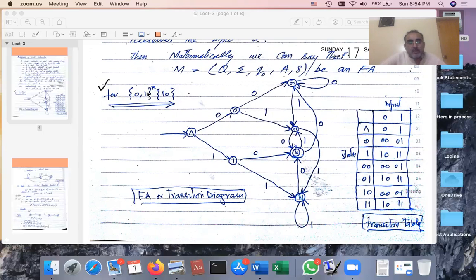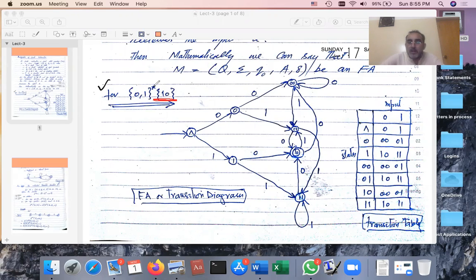This regular expression gives us a clue that we can have any combination of 0 and 1 in the beginning, and then the string will end with the substring 10. So 10 at the end of the string is compulsory, and before it we can have any combination of 0 and 1, and it can also be null.